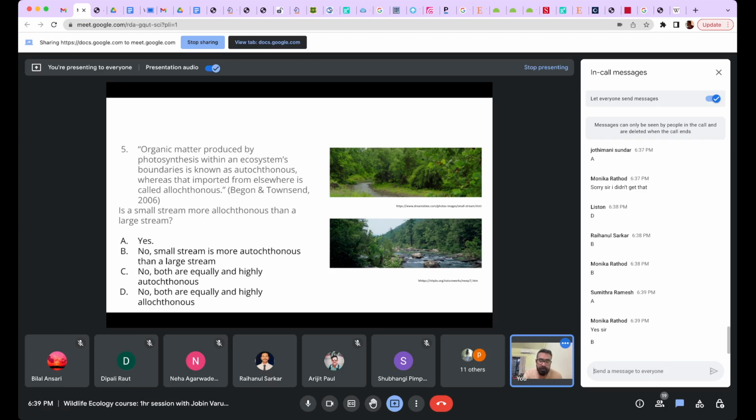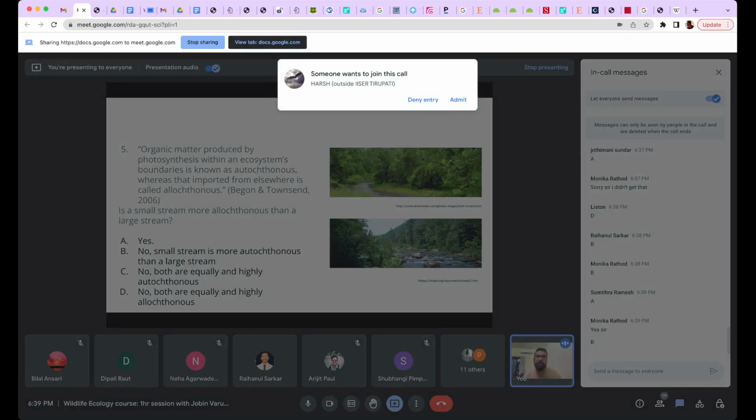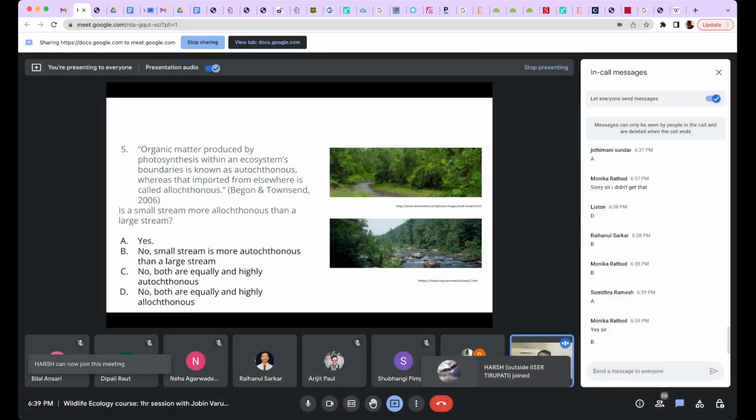Okay, so think of it this way: small stream and large stream might get organic matter equally from outside, but there's one thing the small stream doesn't have. The small stream is so small that usually the vegetation covers the water stream. So photosynthesis happening within a small stream has very little chance.